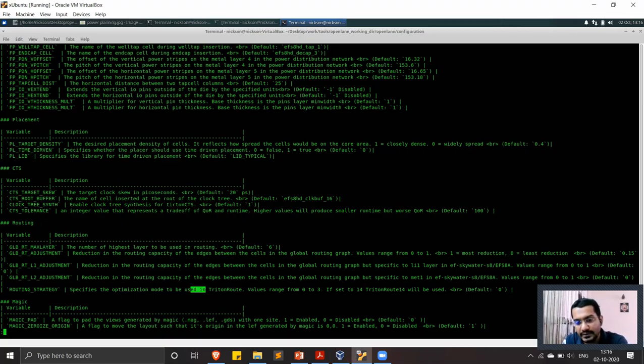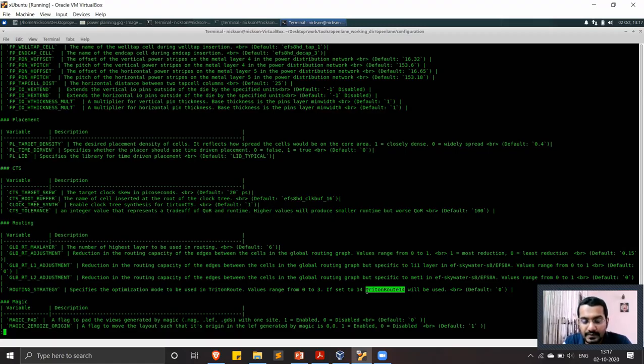Specifying a value from 0 to 3 actually uses the TritonRoute 13 engine. And if you specify the strategy value as 14, that will use TritonRoute 14. So TritonRoute 14 is an upgrade to TritonRoute 13.